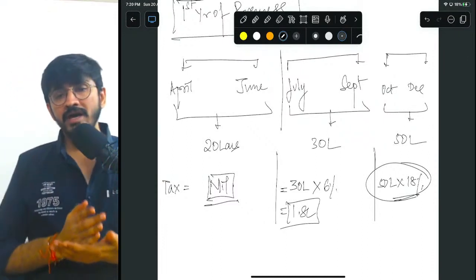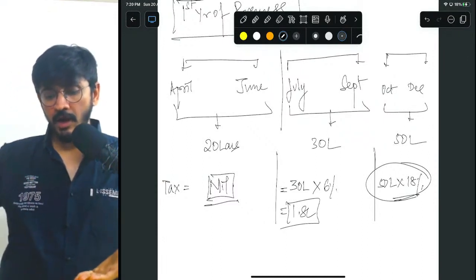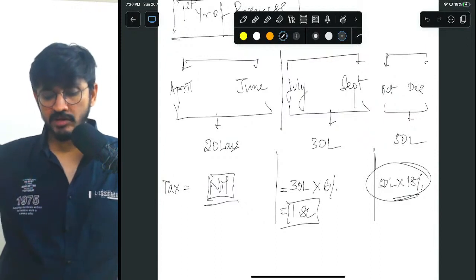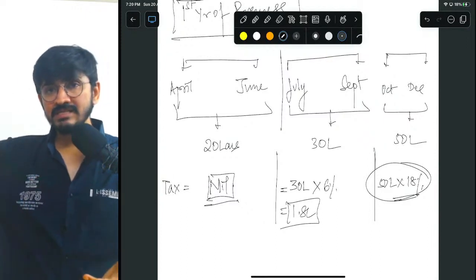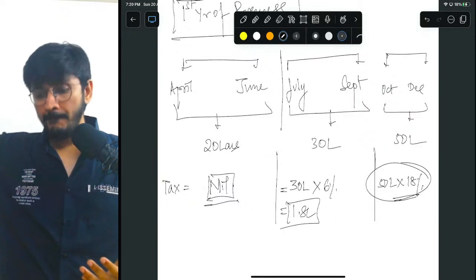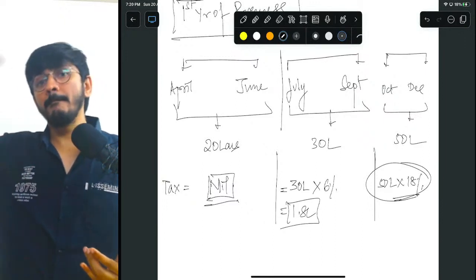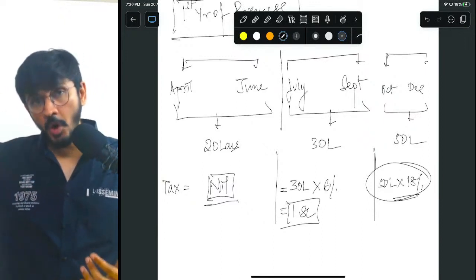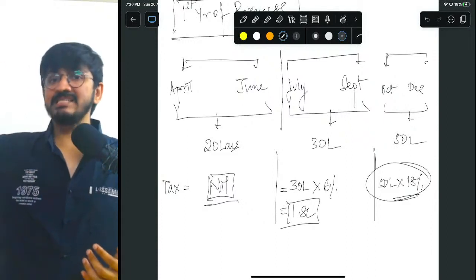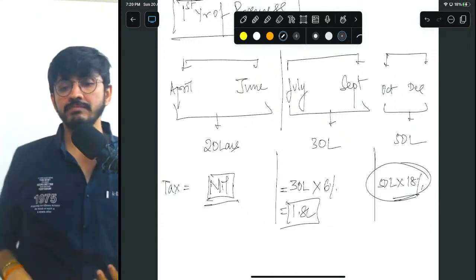And I think we have reached beyond 50 lakhs. If you aggregate the total up to September, it is 20 and 30, 50. So whatever supply you have made beyond September is beyond 50, and what is beyond 50 is taxable as per the normal scheme.